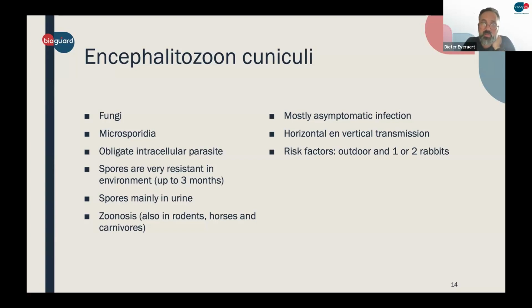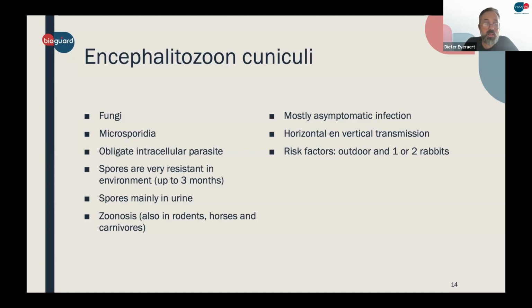So it's really important when you have had one that's shedding, that you clean very well. As said, the spores are mainly in the urine, but it can also be in the feces.